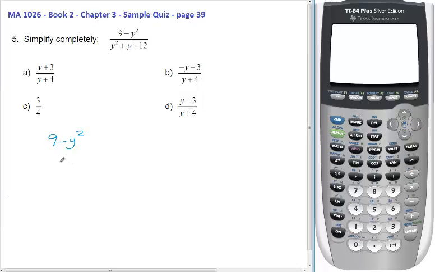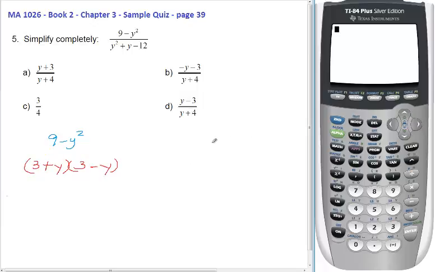9 minus y squared. Hopefully, you recognize that as the difference of two squares, right? Difference meaning subtract, a perfect square here and a perfect square here. The difference of two squares factors to 3 and 3, y and y, plus in one, minus in the other.